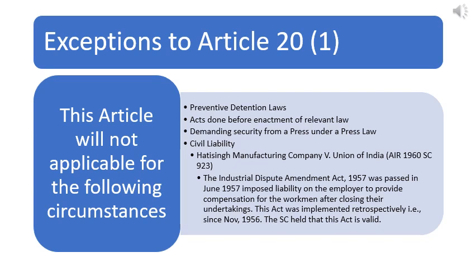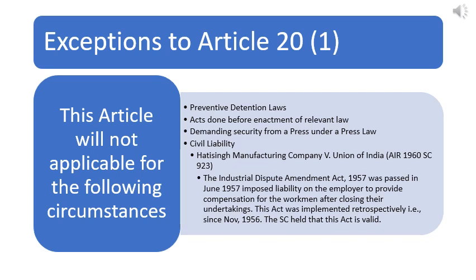Listen carefully. In this case, the Amendment Act came into existence in the year 1957. But retrospective effect was given to that act, and they stated that this act will apply to the earlier closure of the undertakings since November 1956.